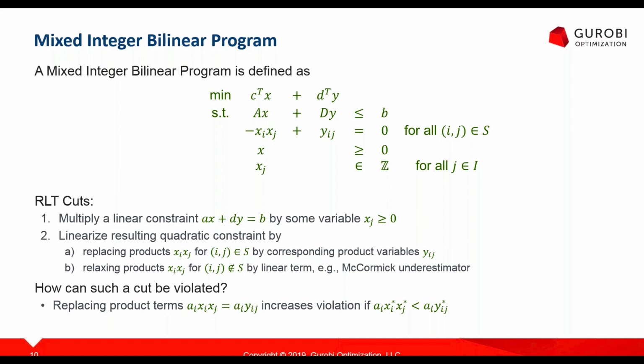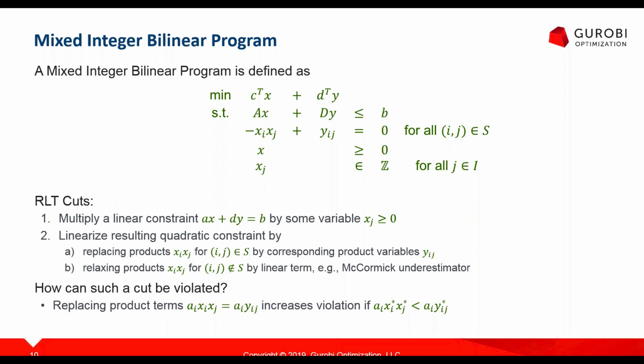So of course, after multiplying by xj, the resulting constraint will be a quadratic constraint. And now we linearize the resulting quadratic constraint. So there are now two cases. So one is the product term xi xj that you get after multiplying by xj is actually part of our set S. So there is a variable yij that represents this product.